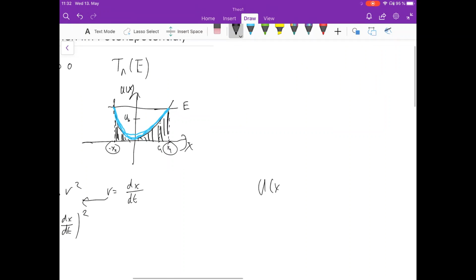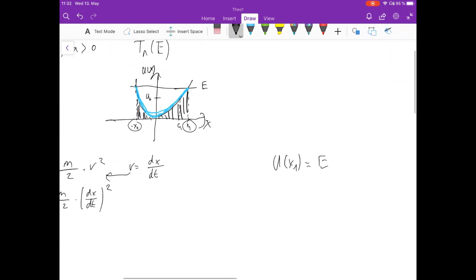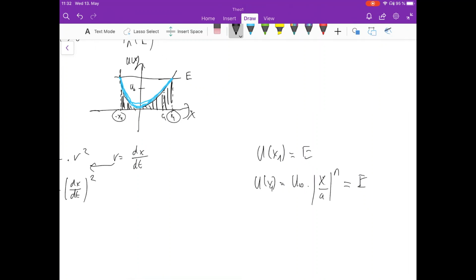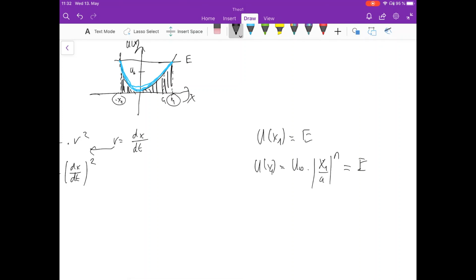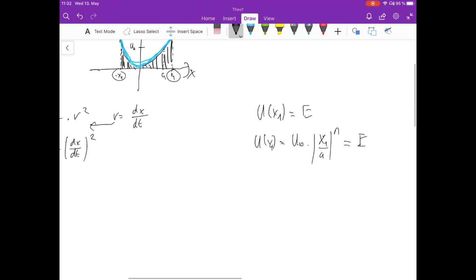So I can write down that the potential energy u of x1 is going to be equal to E. And we know that u of x1 is going to be equal to u null times the absolute value of x1 over a to the power n, which should be equal to E. Now from this, I can calculate a value for my x1, depending on n, of course.